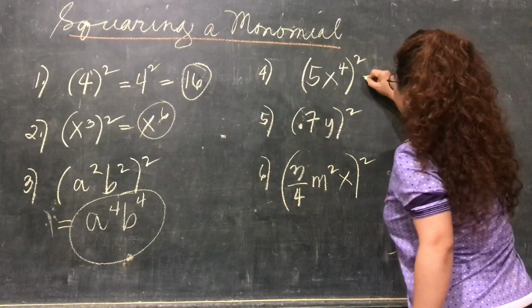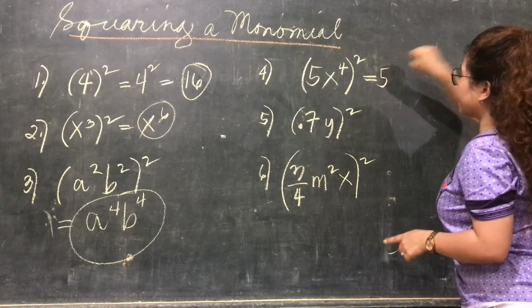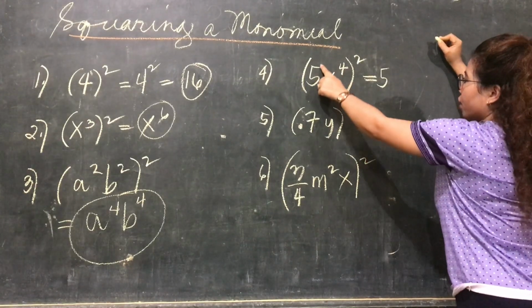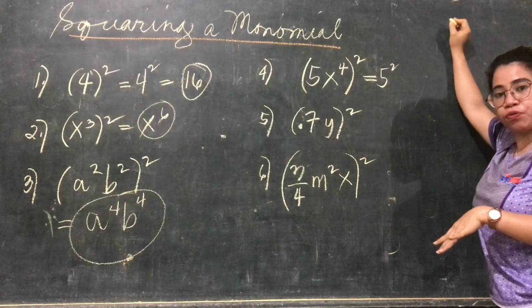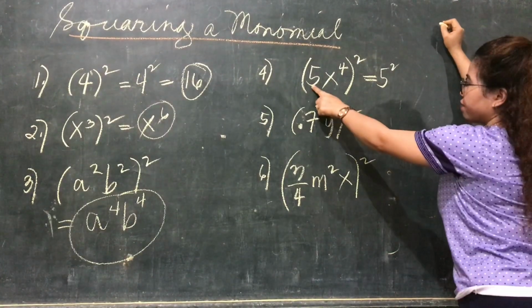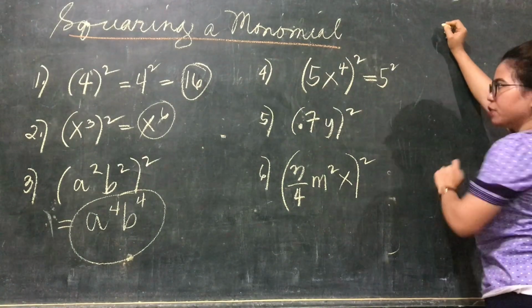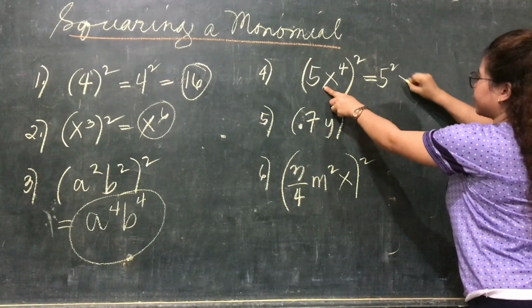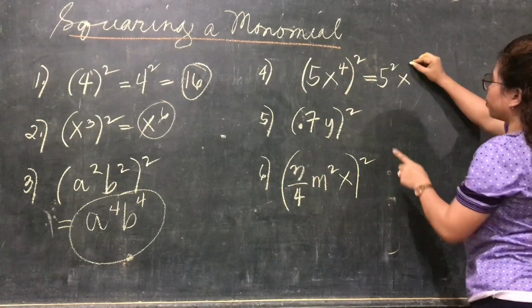Equals. Just copy the coefficient, 5, which has a power of 1. 1 times 2, you have 2. You can also go straight to 25, since 5 to the power of 2 is 5 times 5, you have 25. Copy x. Then the power to power: 4 times 2, you have 8.